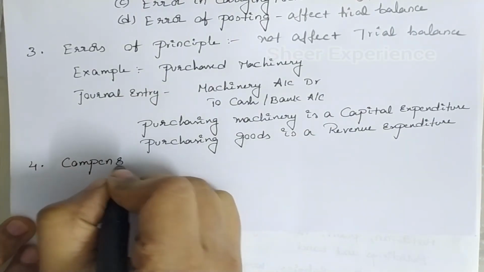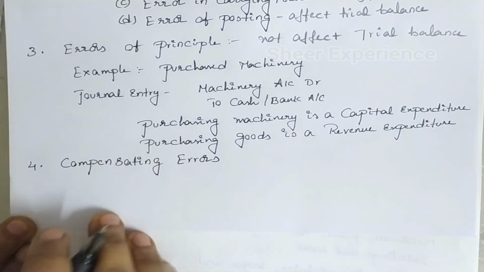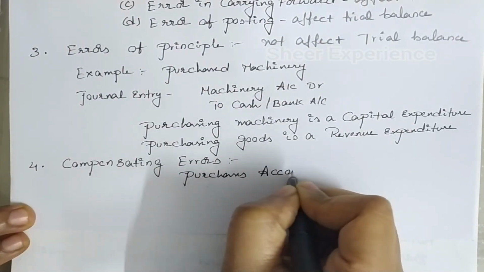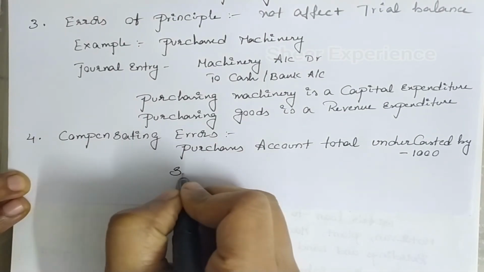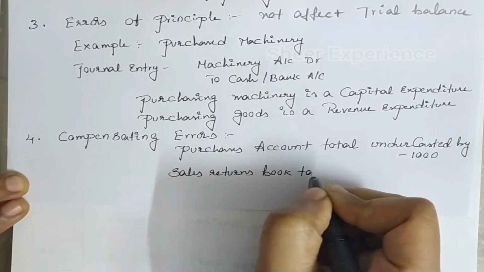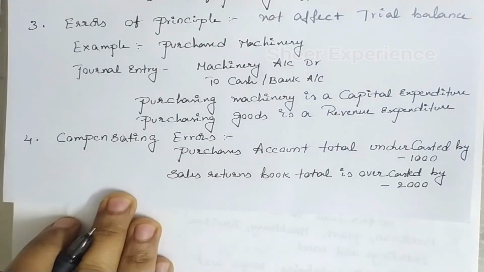Our last type of error is compensating errors. Compensating errors means one error is compensating with another error. For example, purchases account total is undercast by 1000 and sales returns book total is overcast by 2000. These two account balances we will mention in the debit side of the trial balance.